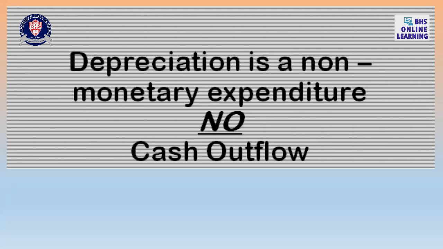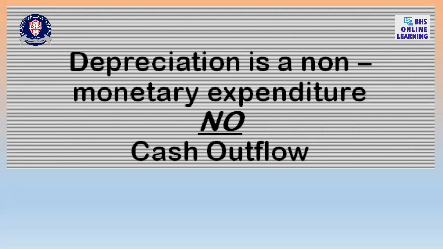But depreciation is a non-monetary expenditure, means that it has nothing to do with the money that is to be set aside for the purchase of the new asset in case your old asset is to be replaced. So depreciation is a non-monetary expenditure, means that it does not involve any money transaction.